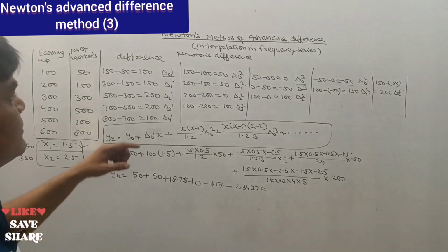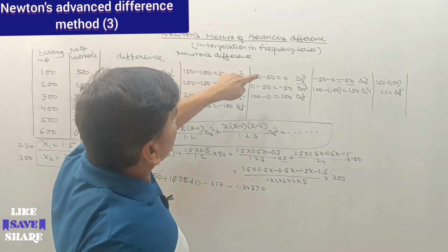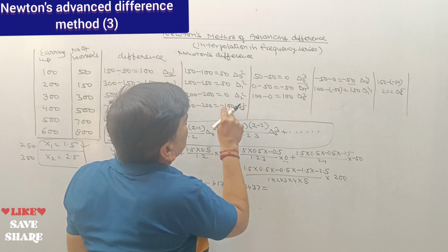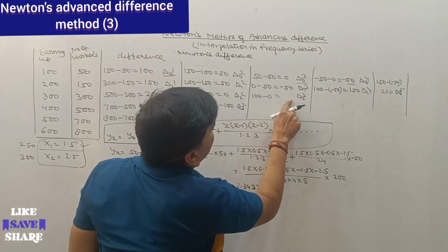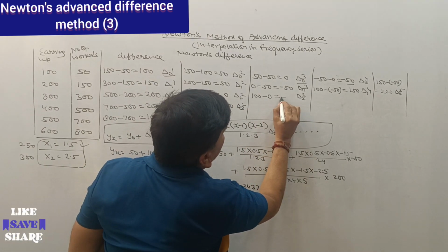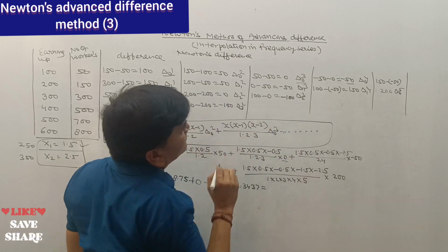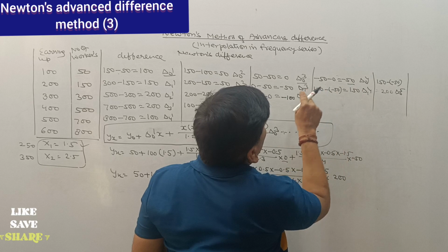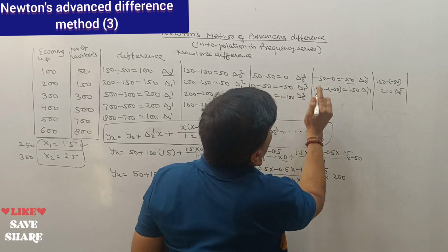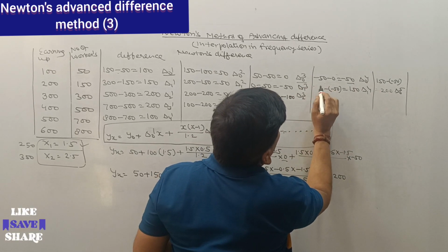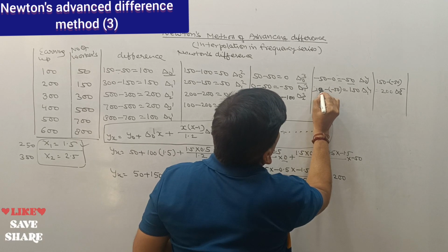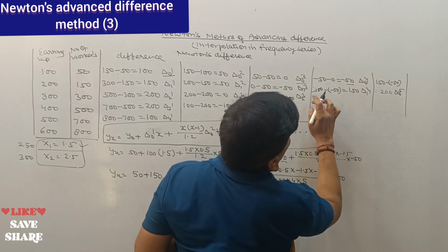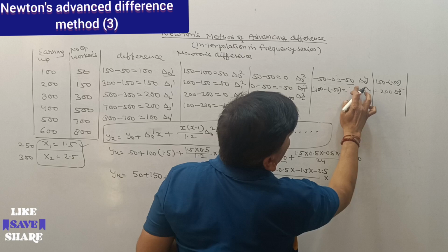Again we check: 50 minus 50 is 0, 0 minus 50 is minus 50, minus 100 minus 0 is minus 100. That is the difference. Minus 50 minus 0, that is minus 50, minus 100 minus 100, minus 50, minus 100 plus 50, so minus 50.